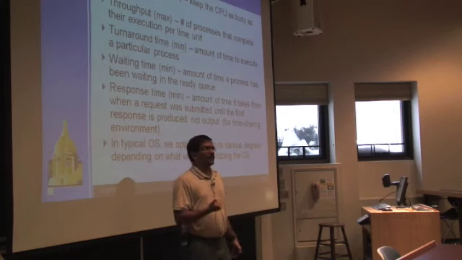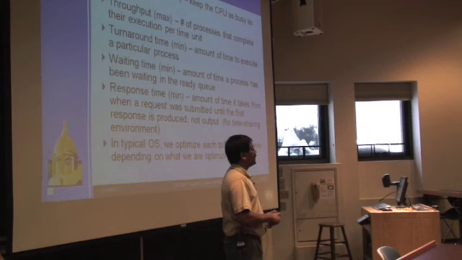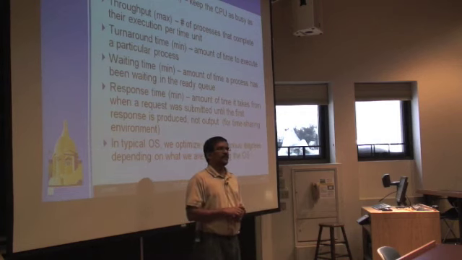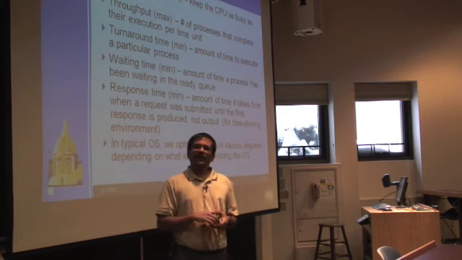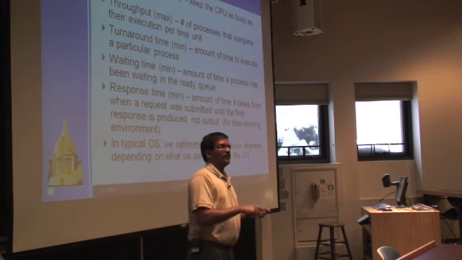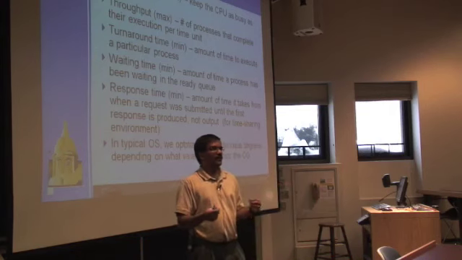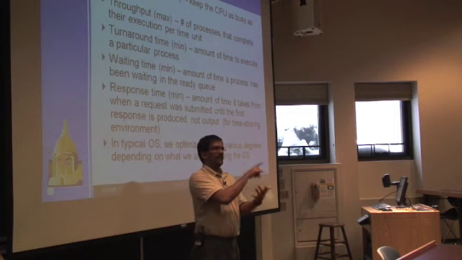The other metric is the turnaround time, the time it takes for you to execute a certain process. So if your process requires 10 seconds to run, turnaround time looks at how much time it actually took. It would only need 10 seconds if there were no scheduling decisions, but it turns out it needed 12 seconds. That's the turnaround time.